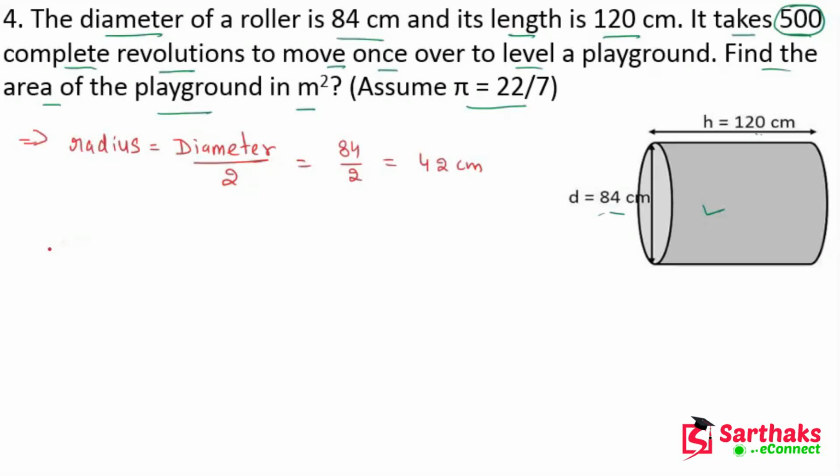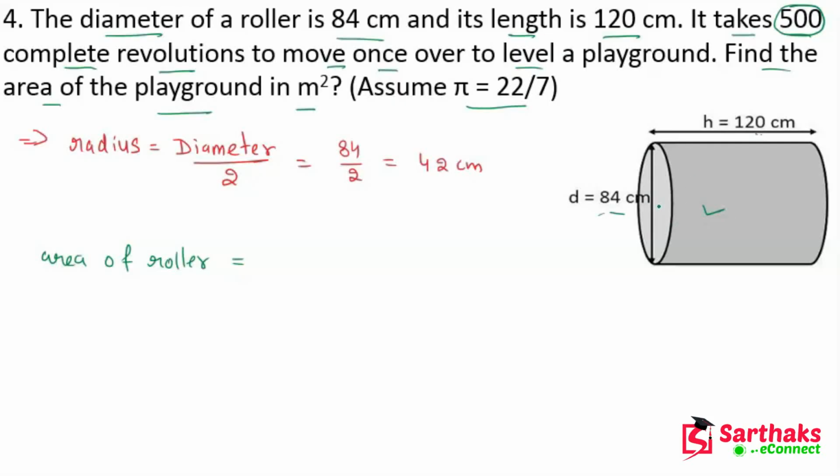Now the area of roller is equal to curved surface area of cylinder, because if you roll this roller in the playground, it covers just only curved surface area.